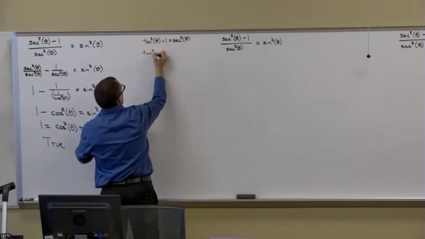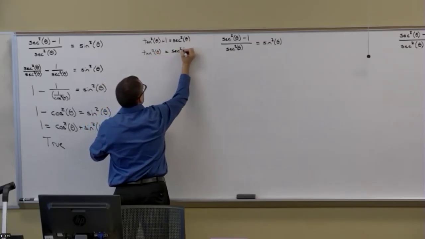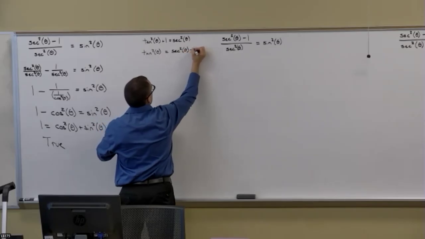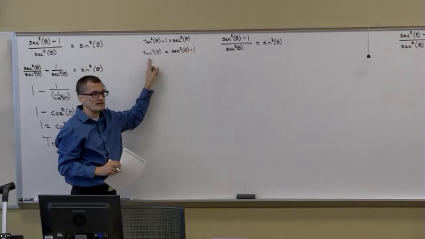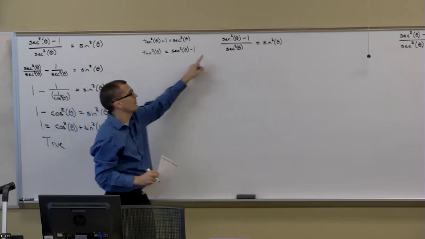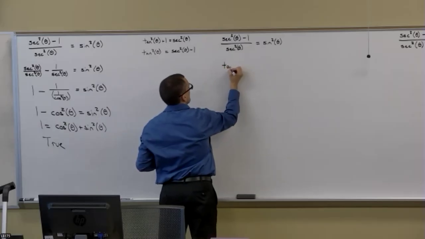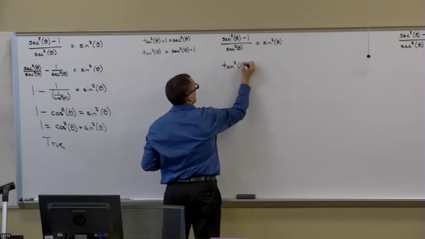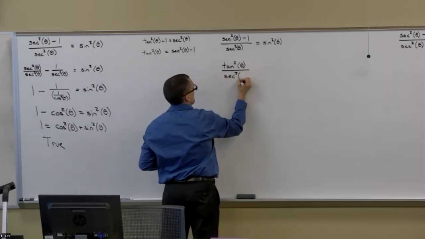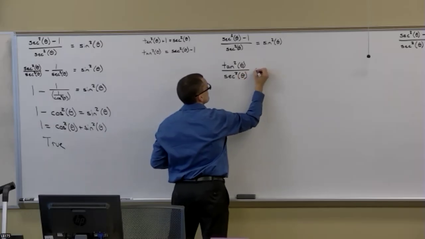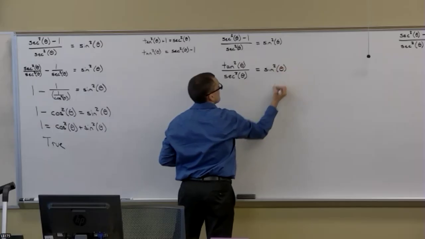So what I could do is notice that secant squared minus 1 can be replaced with a tangent squared. Therefore, in this numerator, I could write tangent squared of theta. The denominator I'm going to keep as secant squared of theta for right now. Equals sine squared theta.